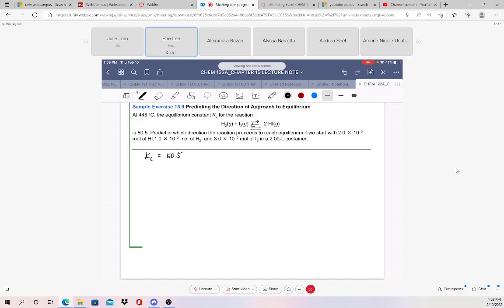Predict in which direction the reaction proceeds to reach equilibrium if we start with 2.0 times 10 to the negative 2 mole of the product and 1 times 10 to the negative 2 mole of hydrogen and 3.0 times 10 to the negative 2 mole of iodine in a 2-liter container.